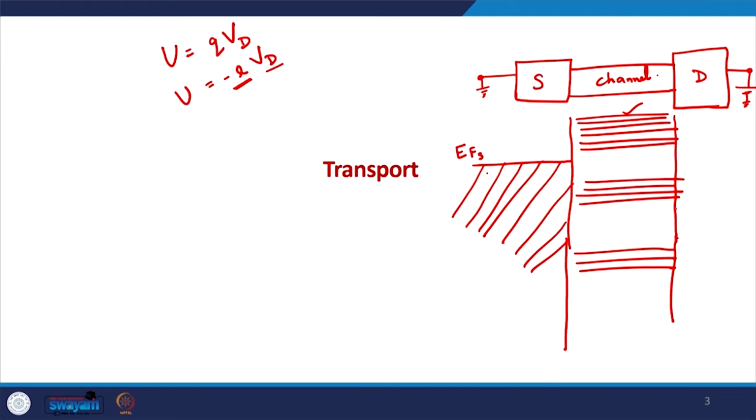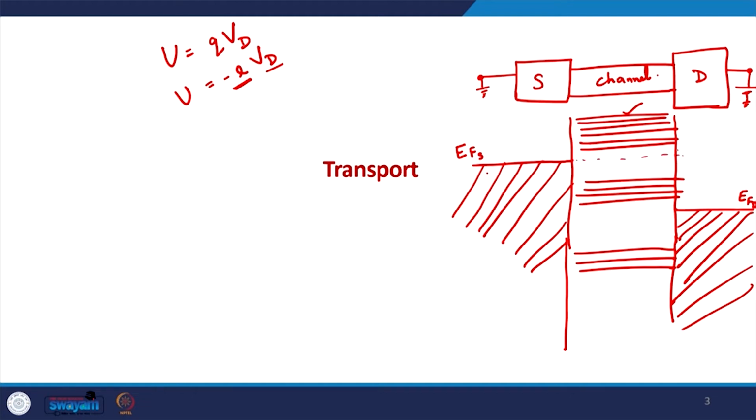So when a positive voltage is applied, EFD, which is the drain Fermi level, will go down, and now this is how it would look. The source terminal will try to fill all the energy levels up to EFS in the channel.